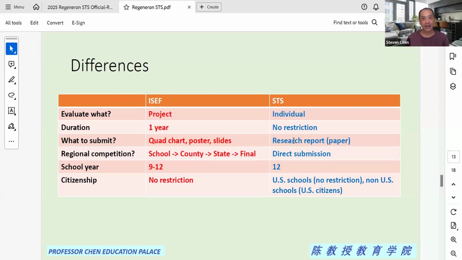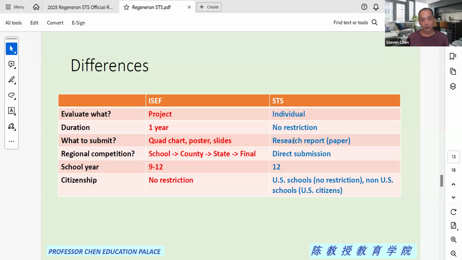So basically, this is the evaluation for the 4 years, not just the evaluation for a single year. Therefore, for STS, you are allowed to submit your research report based on the research, not just done in the most recent 1 year, but maybe across multiple years. Okay, that is allowed.